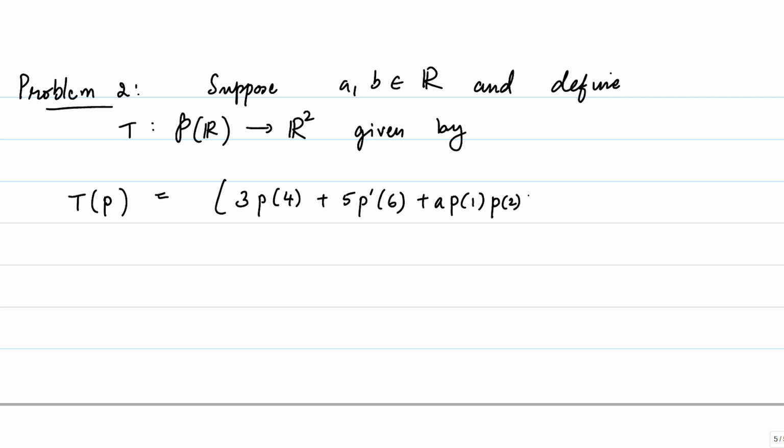This is the first coordinate in the image. And how about the second one? The second one is the integral from minus 1 to 2 of x cube P of x dx plus b times sine of P of 0.